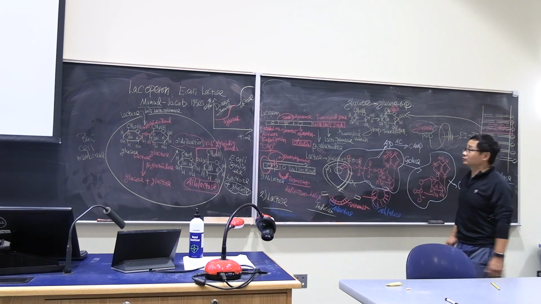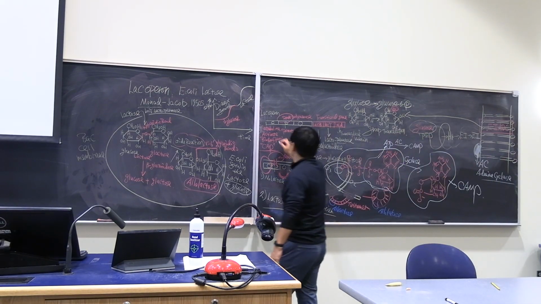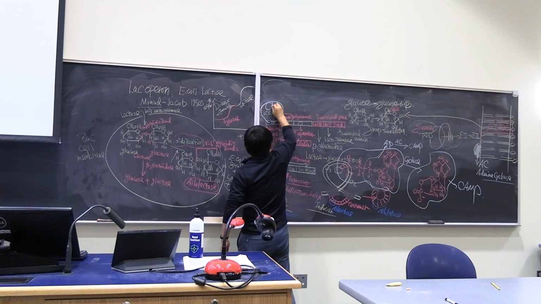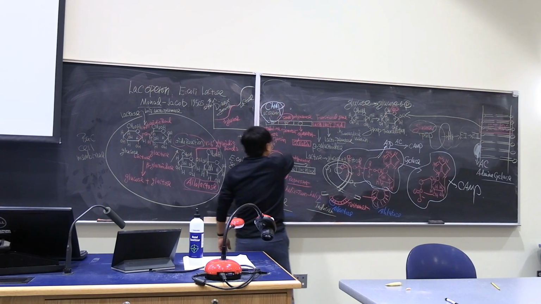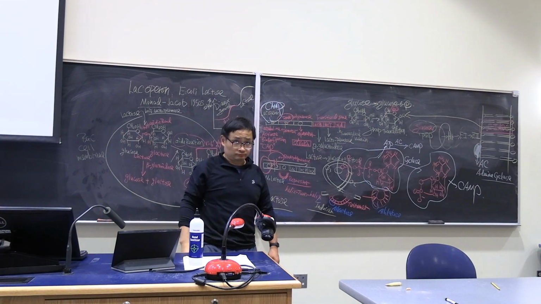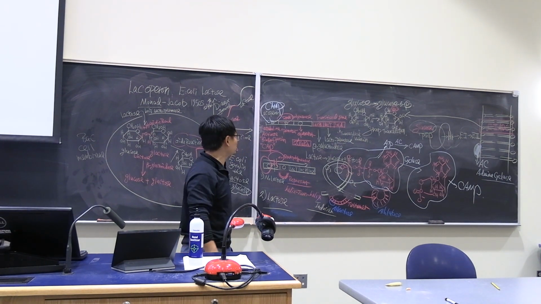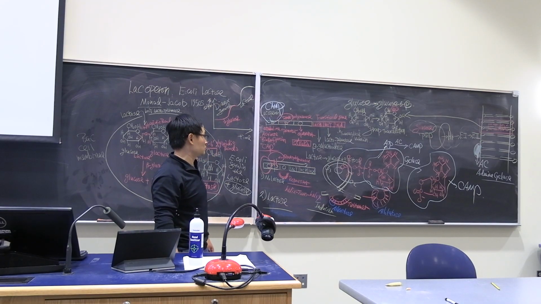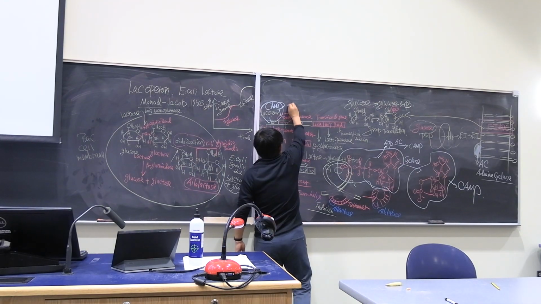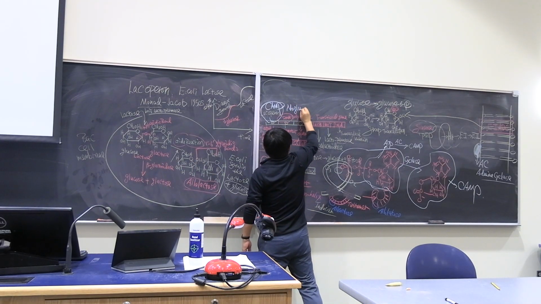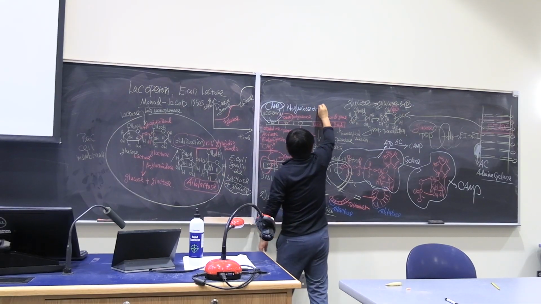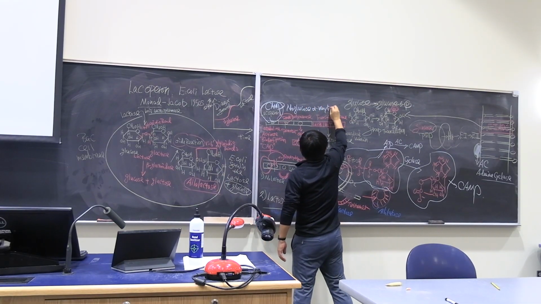Because when the lactose operon starts, it needs cAMP attached to it. But what is the presumption of cAMP attached to the CAP site? There is no glucose, or very limited glucose.